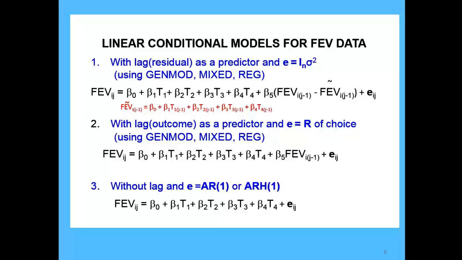We either used a marginal model or a random effects model, and the random effects model we used was the one which had those 2 random effects, including that Z term, for identifying specific people that were affected by the pollution. So in this case, suppose we want to consider a conditional model. Whether we do or not is an issue. But this would be what the conditional model would look like, the lagged residual. This would be the lagged outcome, and this would be the one without the lag.